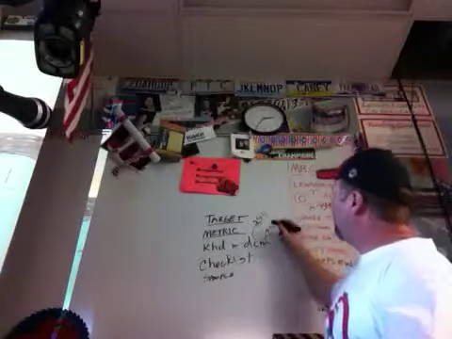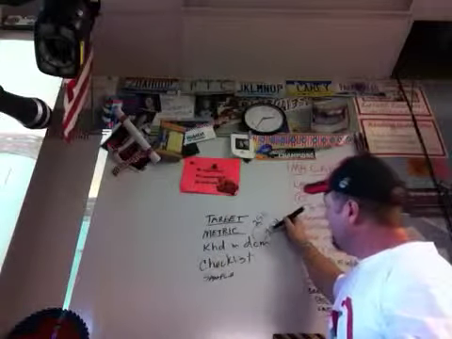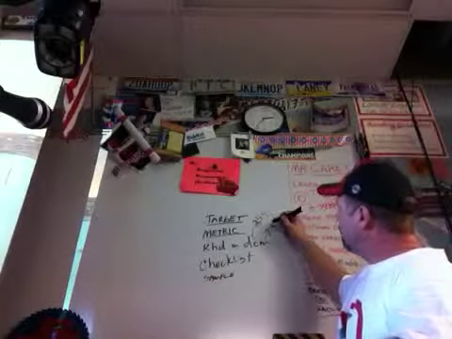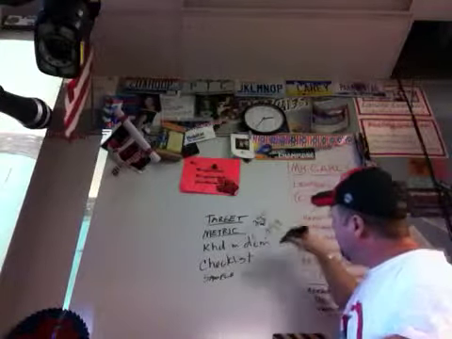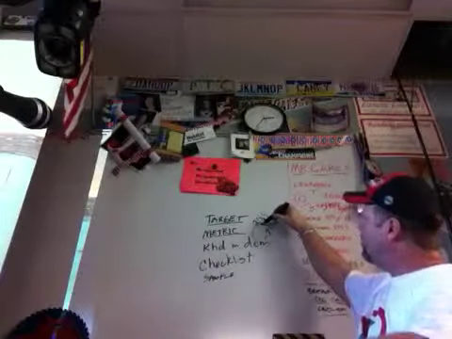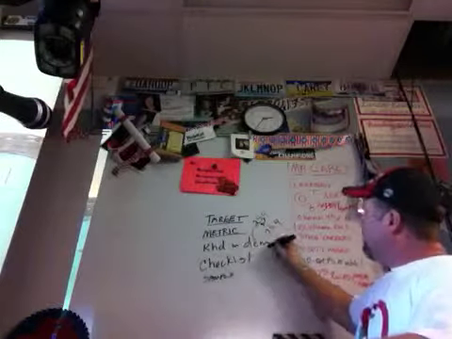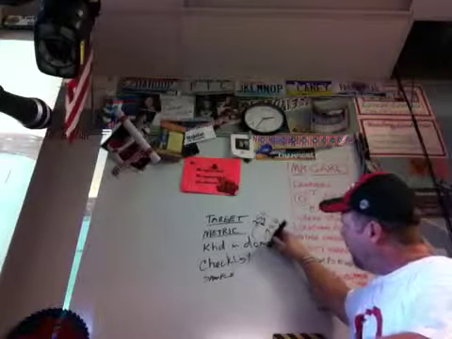Because since everything is base 10, all you have to do is move the decimal point over. If I'm going from millimeters to centimeters, I move my decimal point over one spot. And now 25.4 becomes 2.54 because I moved the decimal point over 1.